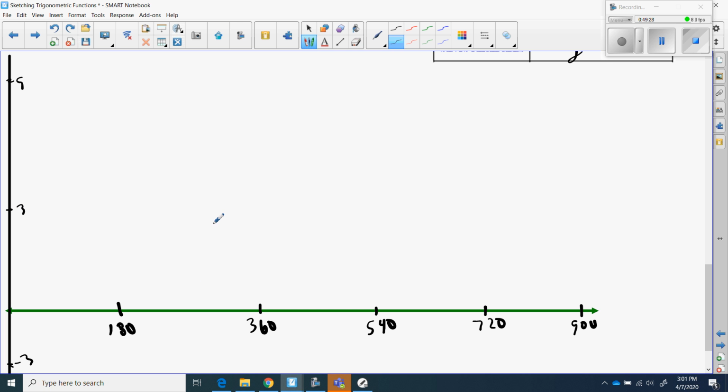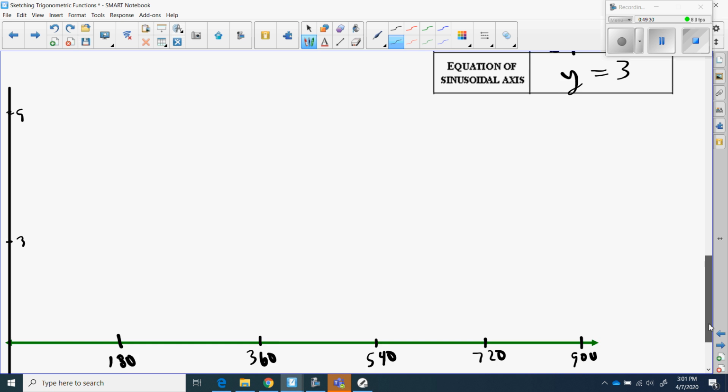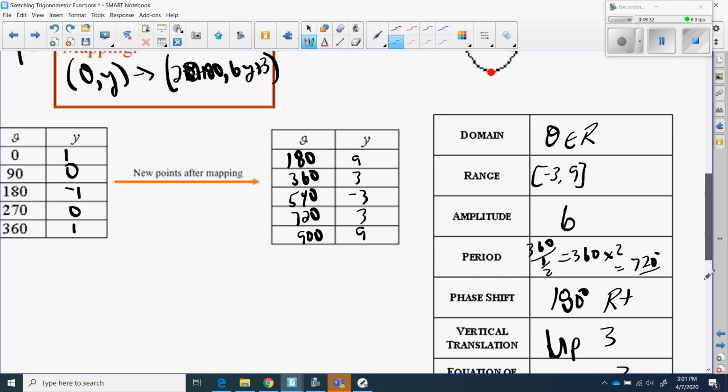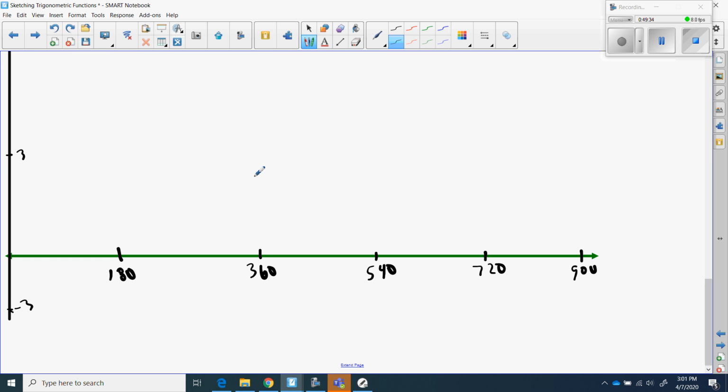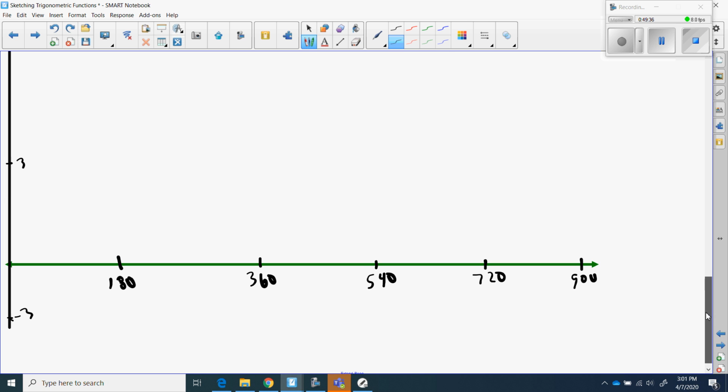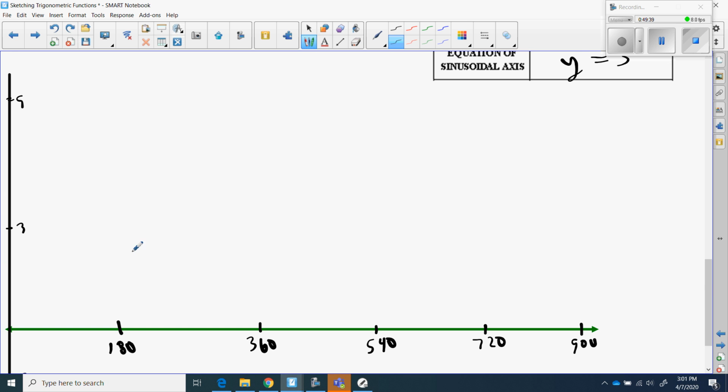Start plotting points. So 180 was at +9. So 180 is up here at 9. 360 was here at 3. 540 was at -3.